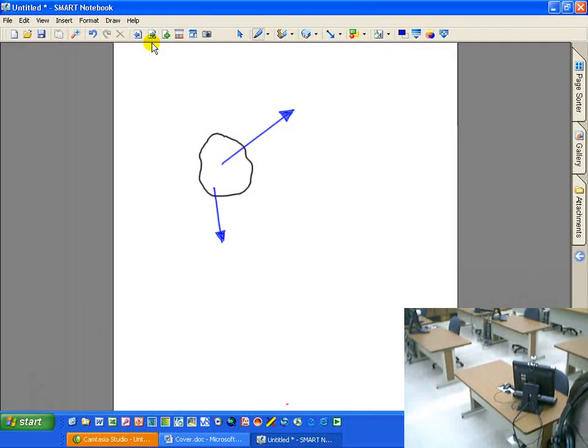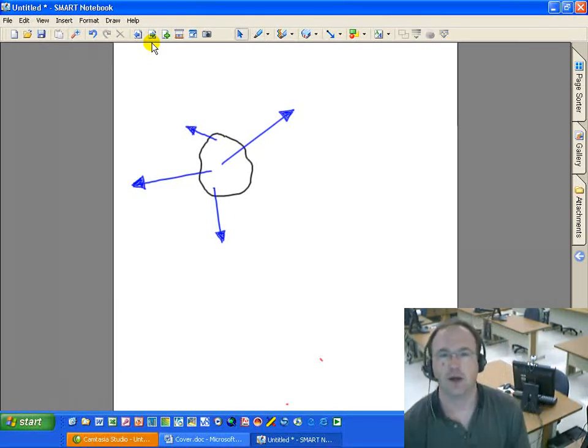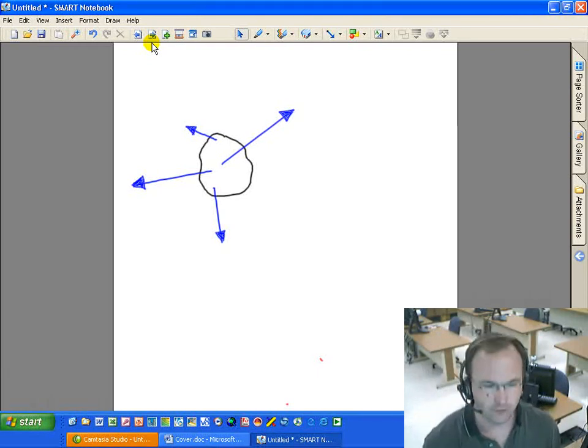I have the third force acting on the body right here. And let's say I have a fourth force acting this way on the body. So I have 4 of these forces acting on the body. Now we're not accounting for moments right now. This is just the resultant vector of the forces.